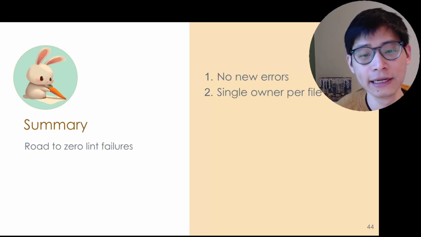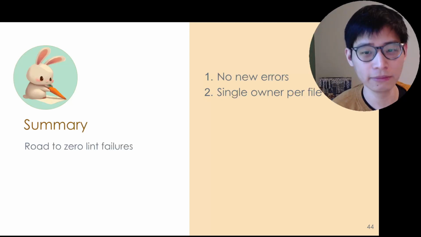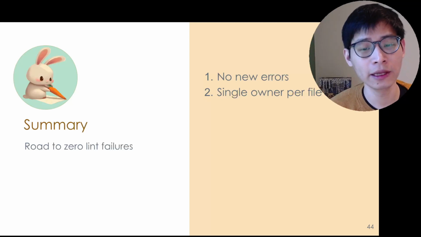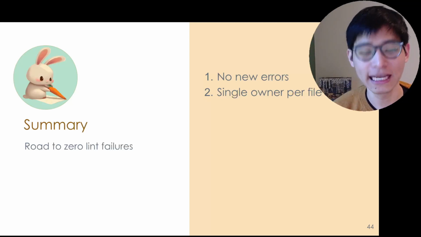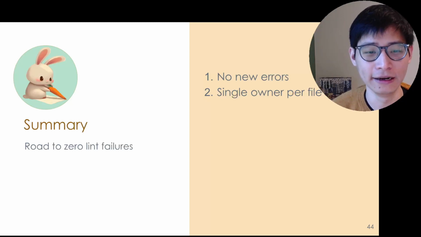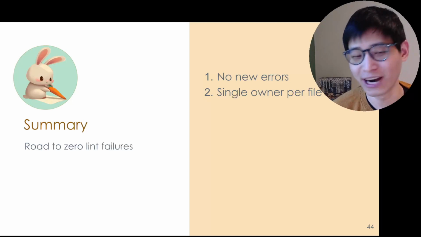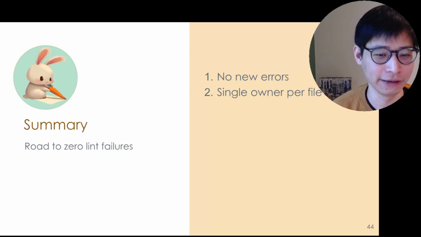A single owner per file, so we know exactly which team to follow up with, or even to help if they don't have the time and expertise. We would get our hands dirty and fix the lint failure.